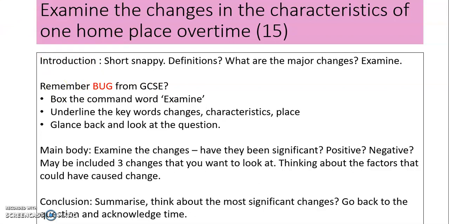B stands for box the command word, so that would be examine. U stands for underline the key words so that we know everything that we have to talk about in this question. We're going to look at the changes in the characteristics of one place. And G is always useful. That means glance back and look at the question.